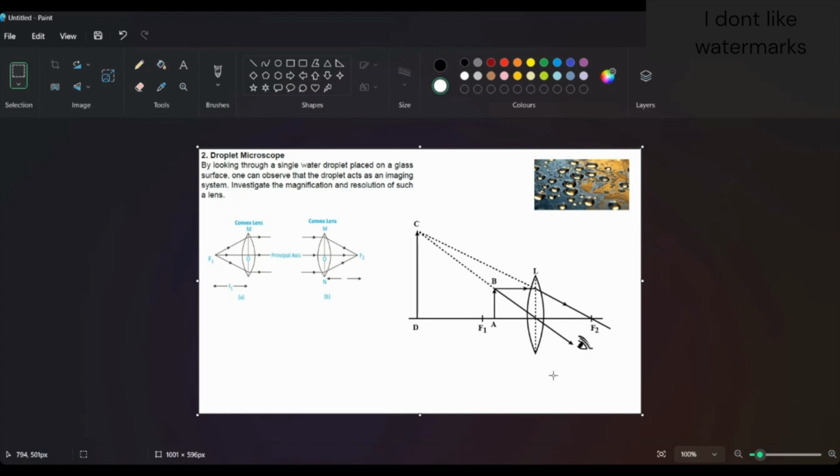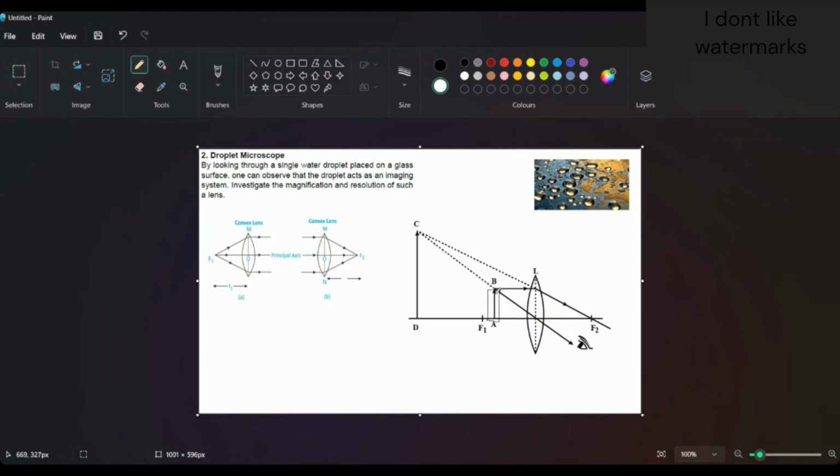We can use a magnifying glass, and essentially the print will be located between the first focal point and the lens itself. AB essentially represents the object.